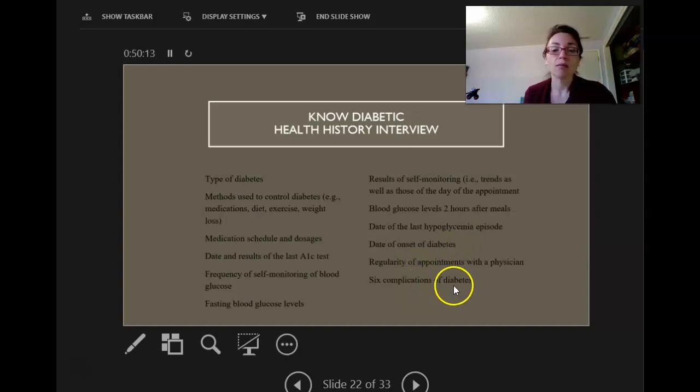And then the 6 complications of diabetes. That being the comorbidities that go along with it, the medical emergencies, the neuropathies, the infections, all of the major things that we have to think about when we consider our patients with diabetes.